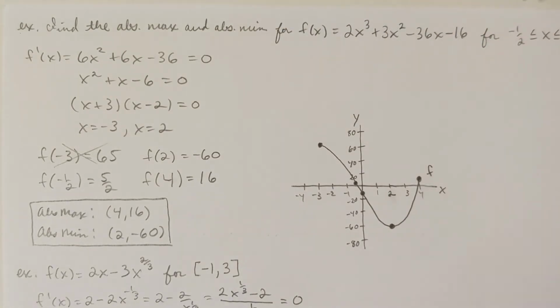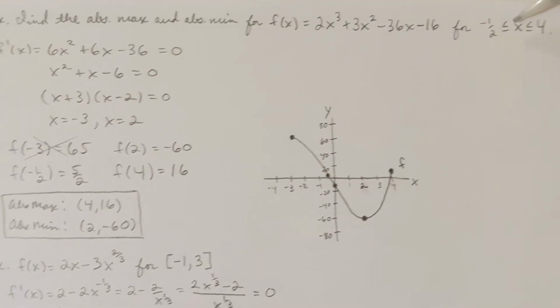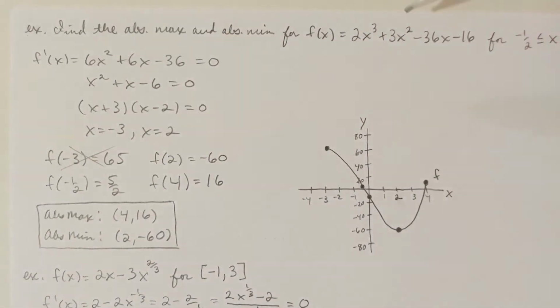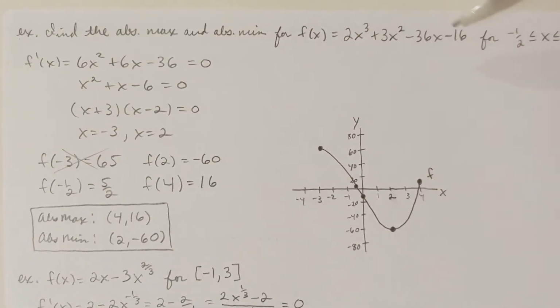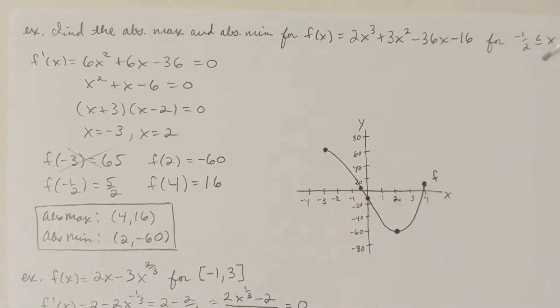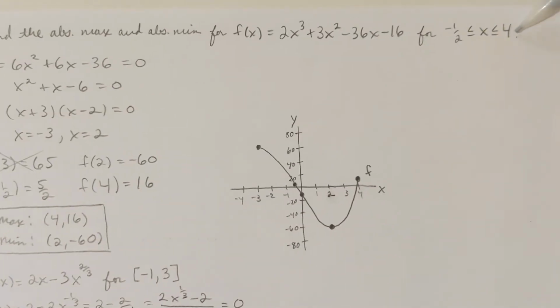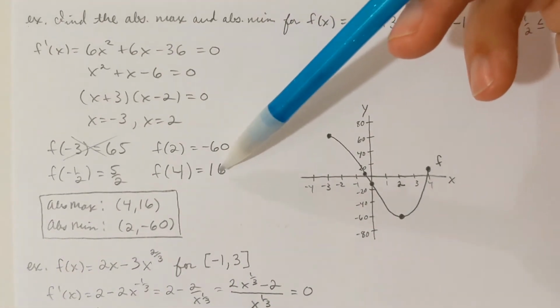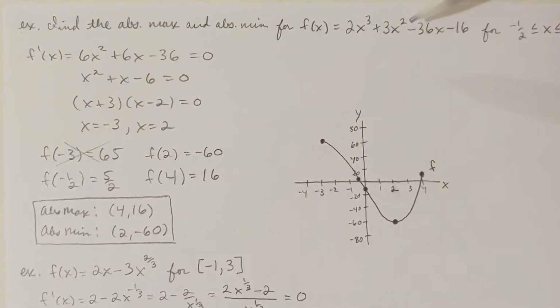All right, now plug in the endpoints on this interval here. So when I plug -1/2 into the function, I was getting 5/2 as the output. And then when I plug 4 into the function, I was getting 16 as the output.